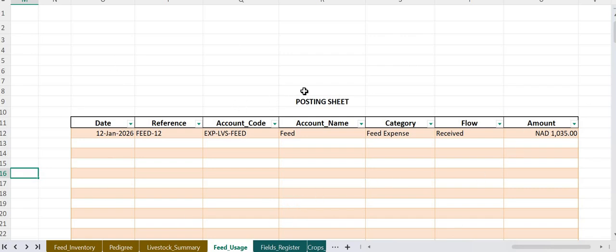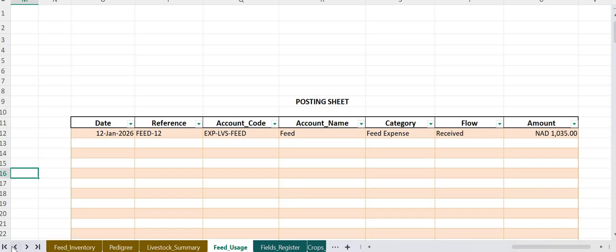The very first thing that you do is you are going to post from the inventory. So it is the inventory that has given this, not the bank, but the inventory. So this will be your second line.